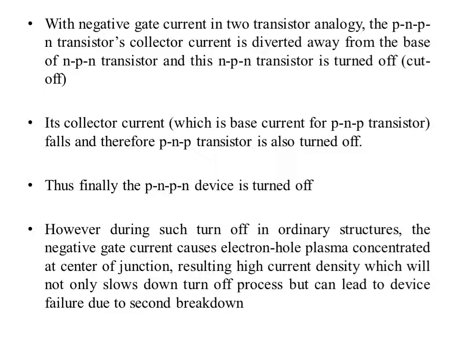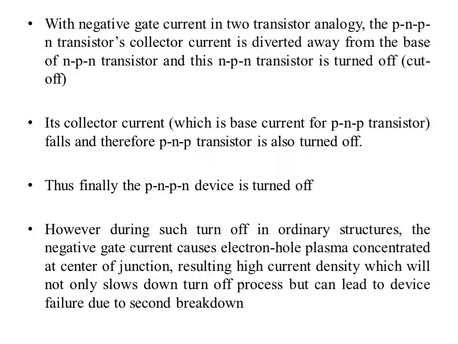Thus, first of all, we need to turn off the NPN transistor, then turn off the PNP transistor. So we have two transistors, NPN and PNP. First the NPN transistor is turned off. After that, the collector current will fall down, due to which the PNP transistor will turn off secondly, and after that the entire device having PNPN will be turned off.